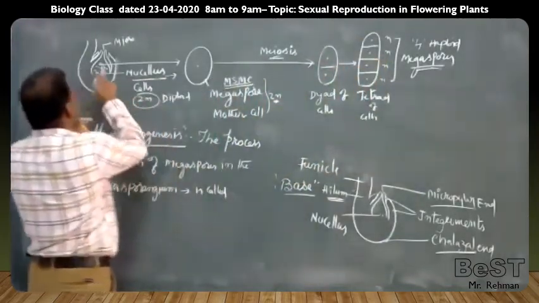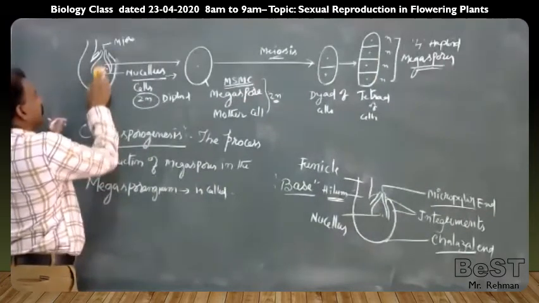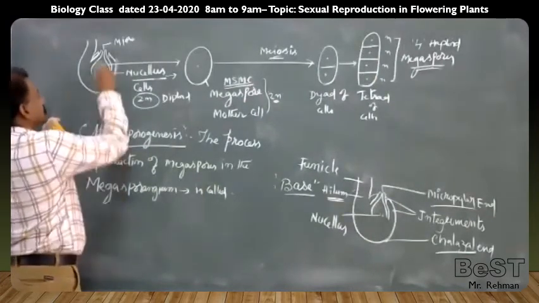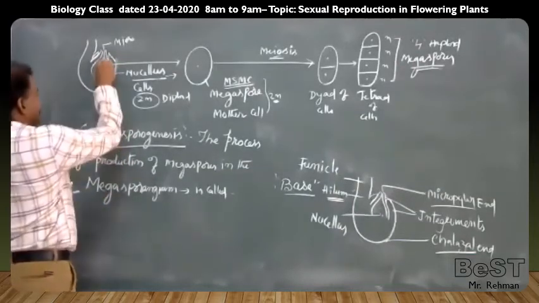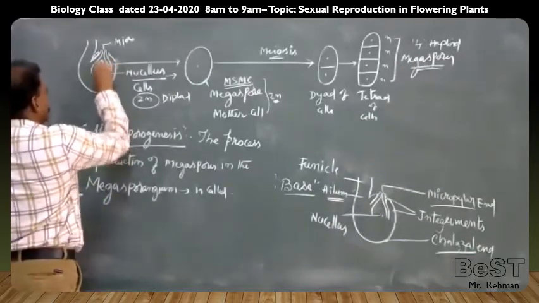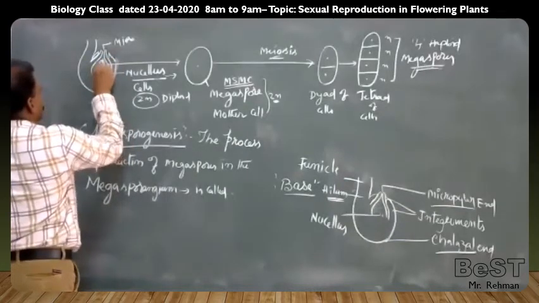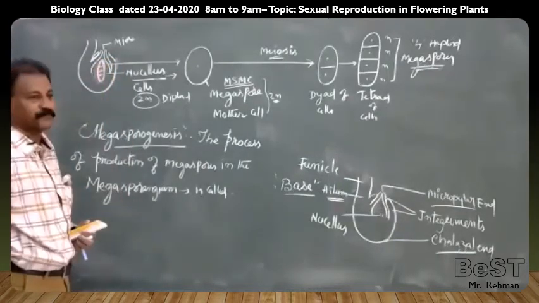Just imagine now, where are these megaspores? They are present in the nucellus tissue, here. 1, 2, 3, 4.